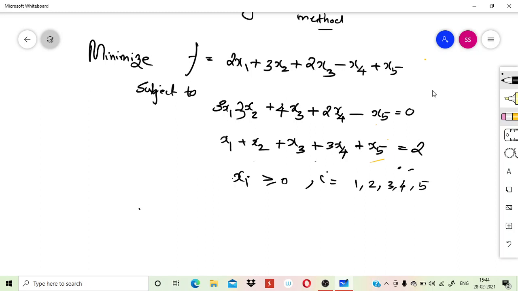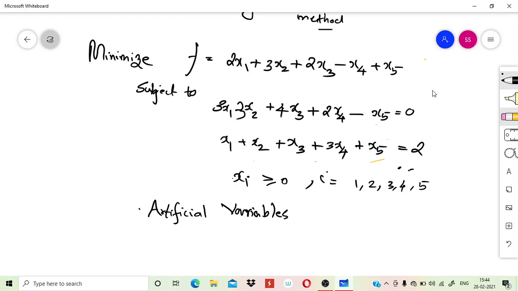Okay, so in this we will introduce some other variables known as artificial variables. Artificially created, you can say, artificial variables we will introduce.